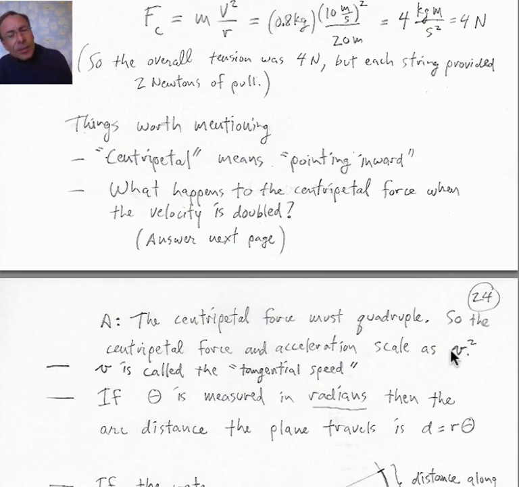So this actually has some consequences, right? Let's say you've got something spinning, and you're worried about it breaking apart. This could happen to a wheel or a merry-go-round, amusement park rides.